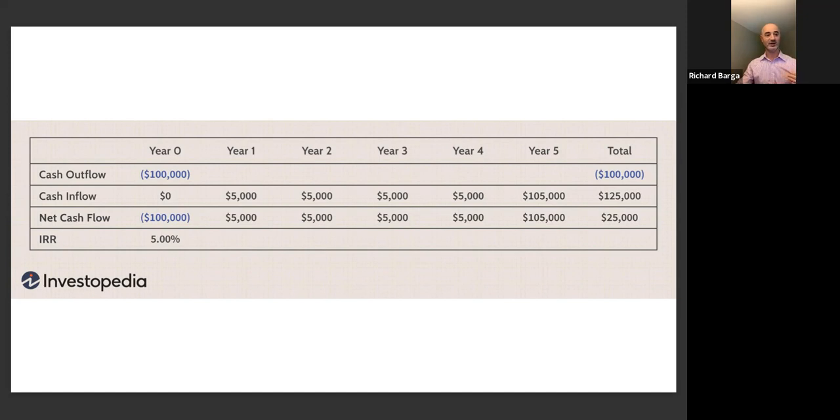That cash inflow looks like $5,000 for each year. And then in year 5, maybe we are selling the building for $105,000. The analysis on that net cash flow across the bottom line gives your IRR of 5%.